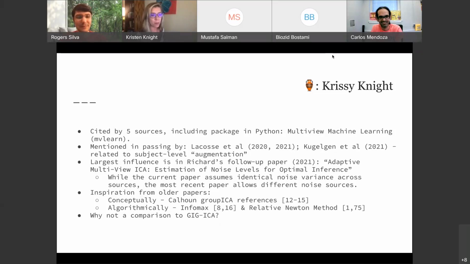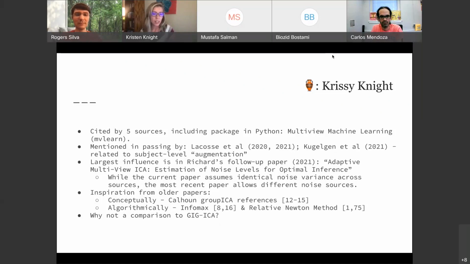There is a PhD candidate, Lacoste, I think he's located in Germany now, who cited this, and someone else, I can't pronounce that last name, mentioned in passing the advantages of subject level augmentation. But the largest influence was a follow-up paper from Richard himself, which just came out this year, called Adaptive Multiview ICA.